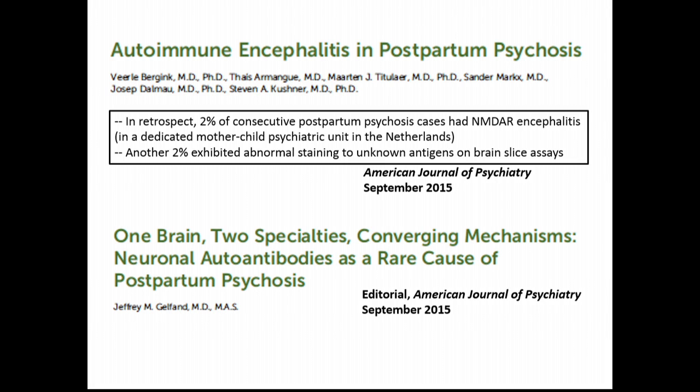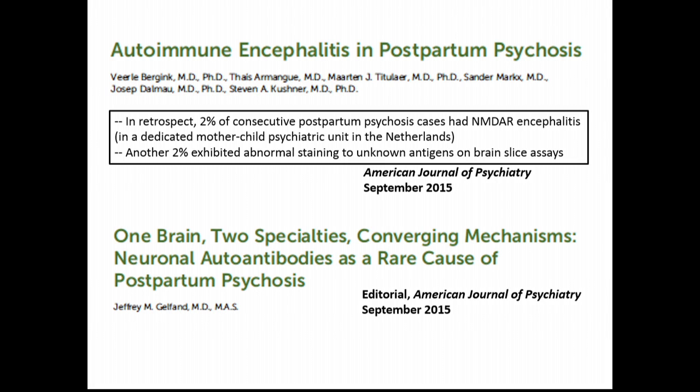A couple of other interesting papers, just to show you that now that you have a test, you can expand the phenotype. I think this parallels the last talk as well. Once you have a gene, you can describe partial phenotypes or formes frustes. A group in the Netherlands went back and looked at all cases of postpartum psychosis in sequential fashion and found that 2% of patients had NMDA antibodies, and another 2% exhibited staining to some unknown antigen.